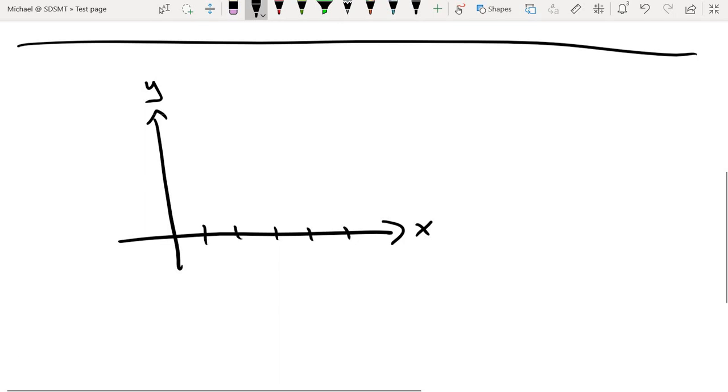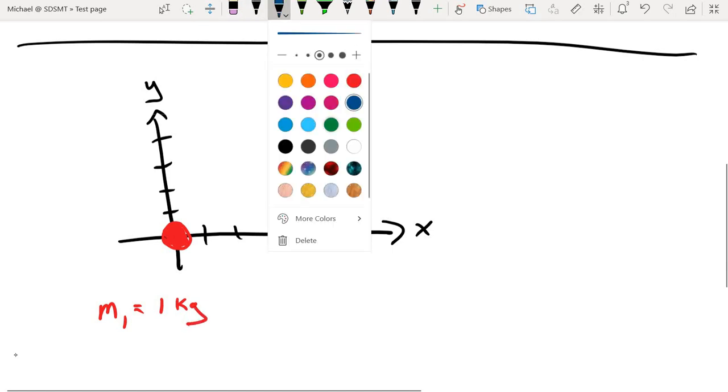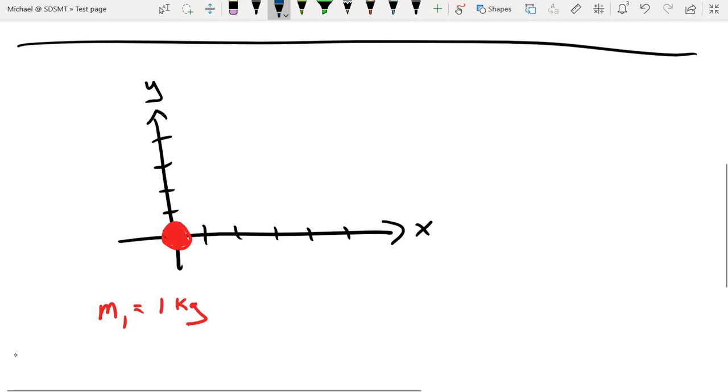I'm going to set up an XY system, and I will place 3 particles in this system. The first one I'm going to place right at the origin, so this will be mass 1, and we'll let that be a kilogram. Mass 2, we will place that right up here, and so mass 2 will be 2 kilograms.